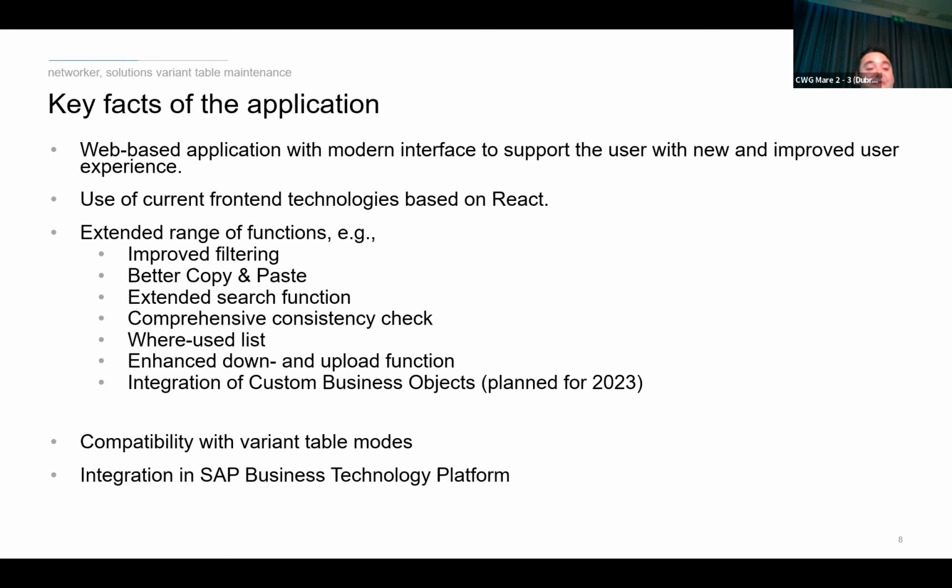Then we have an extended range of functionalities. We check what kind of functions we have in the SAP standard, and our first approach is always to get all the functionalities that you have in the standard into the application. Then we improve them, or implement new functionalities or extend functionalities, to have a better user experience.